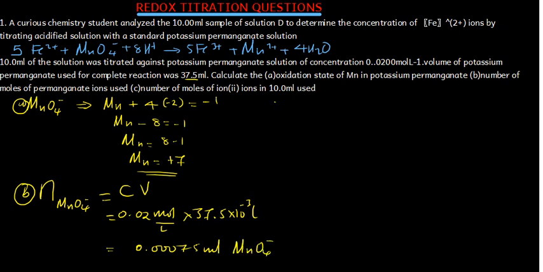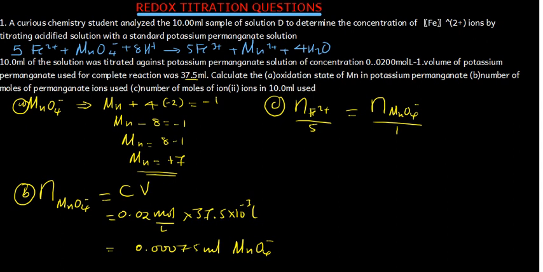Alright, and then C asks us to calculate the number of moles of iron 2 ions. To calculate this, we just use the mole ratio. We can see that the number of moles of iron 2 plus, with 5 in front there, should be equal to the number of moles of the permanganate over 1, that's the number in front, as we can see.